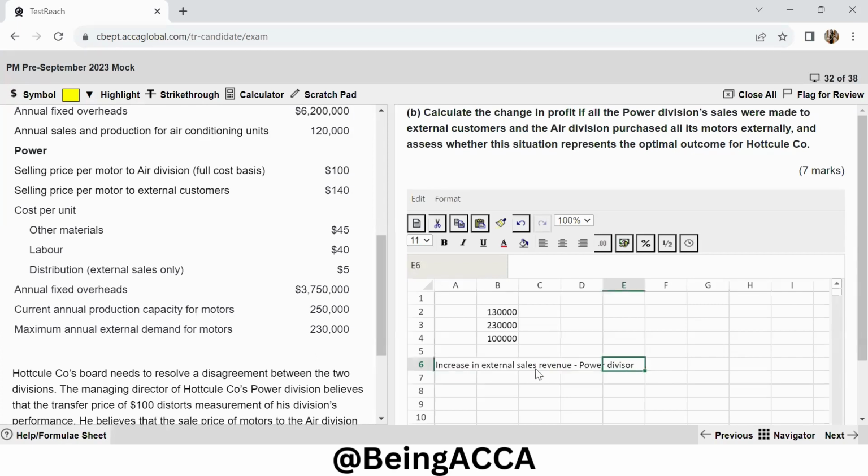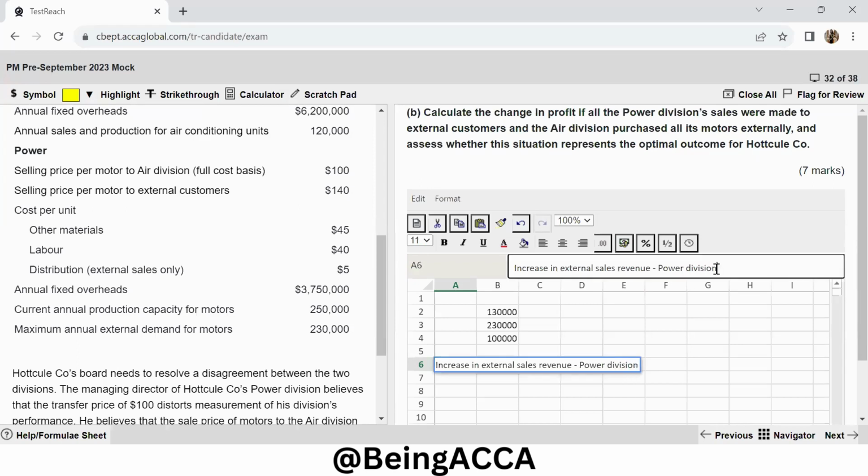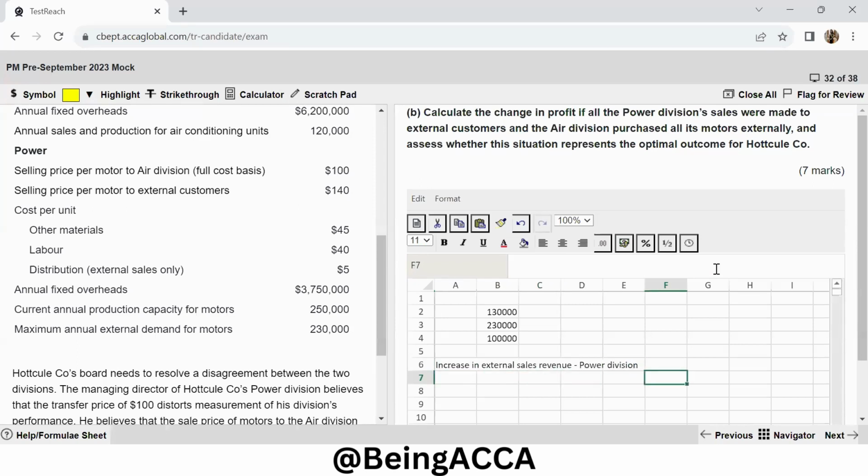This will be 100,000 because that is the increase, linked to this cell, multiplied by my external selling price of 140. Now I will be selling this many more externally.